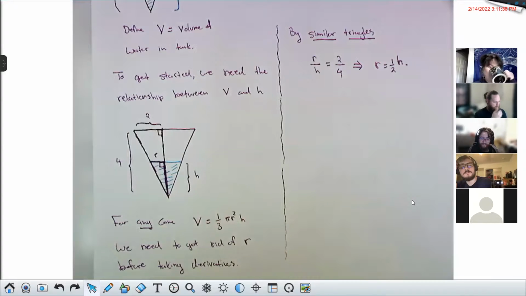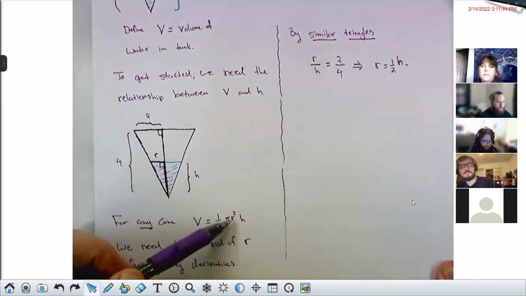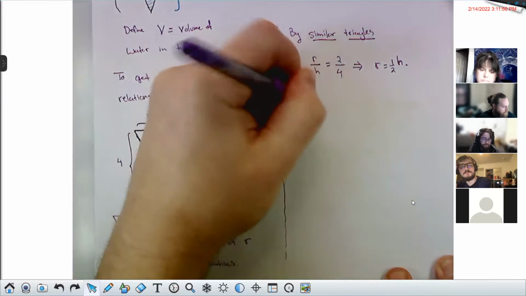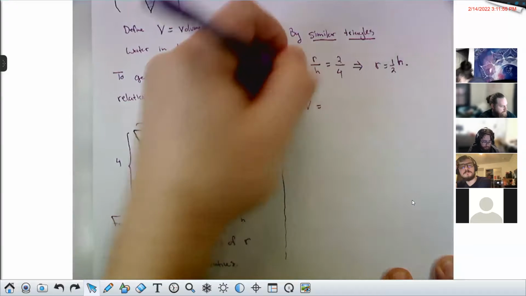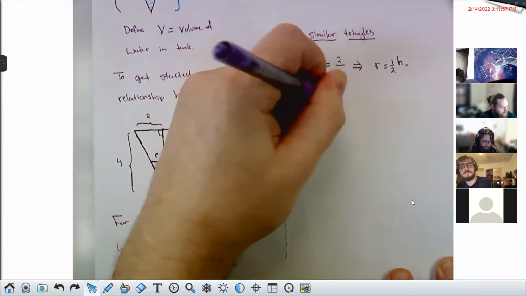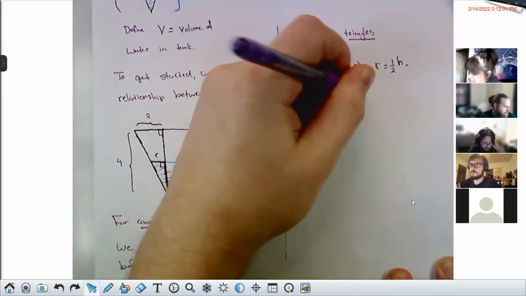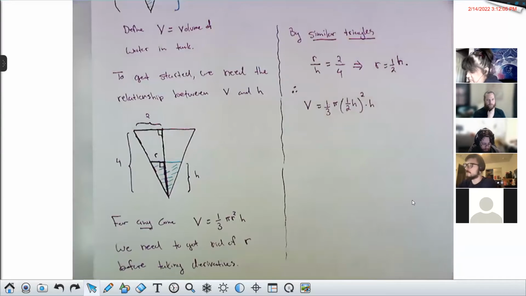I'm just curious. Okay. So we're going to take this, use it to replace r here. That will give me just v's and h's in this expression, and then I can differentiate and do the normal thing. So therefore, v is 1/3 pi times 1/2 h squared times h, just replacing r in that equation by 1/2 h.